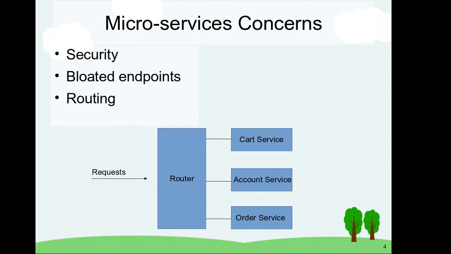So when a request comes to the router, the router checks the URL, picks a unique part of the URL, and uses it to locate the service appropriate for that request. For example, if an account service is being called, from a singular endpoint, the router is able to pick account from the URL and call the appropriate microservice to serve the request. So that's what we need to do to solve the problem of bloated endpoint.